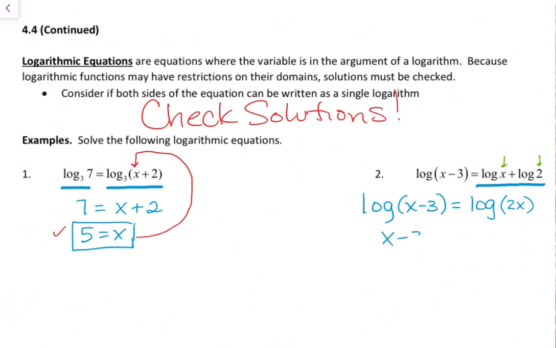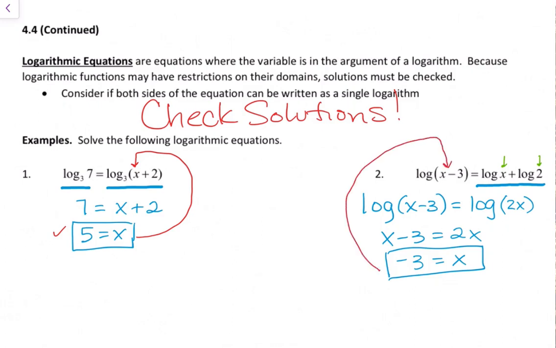So the only way this is true is if x minus 3 equals 2x. So if I solve that and subtract x from both sides, I get x is equal to negative 3. And again, don't forget to check your solution. So if I replace negative 3 in for x in that first argument, I get negative 3 minus 3, which is a negative value.